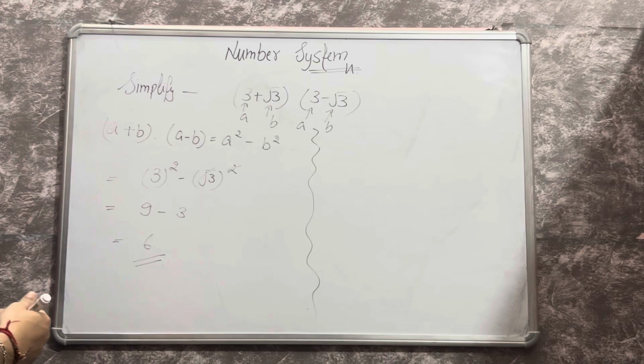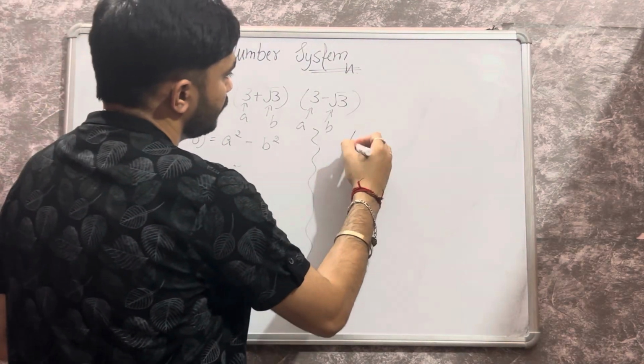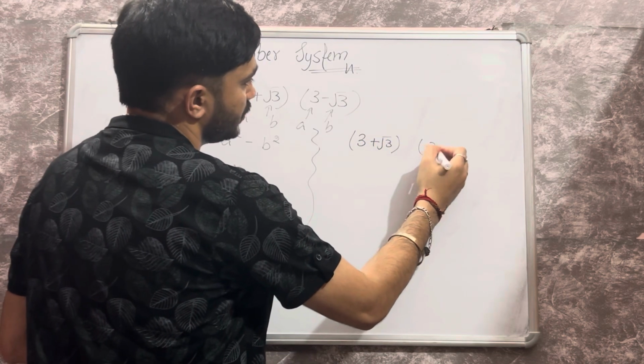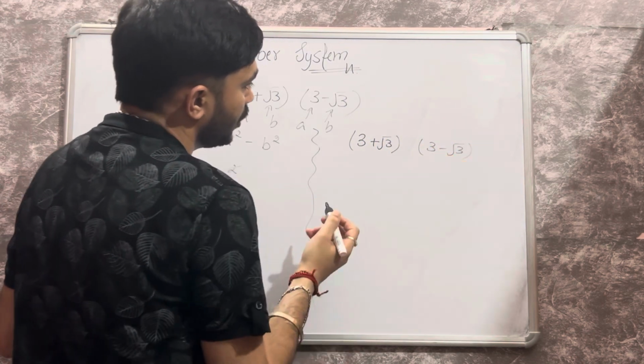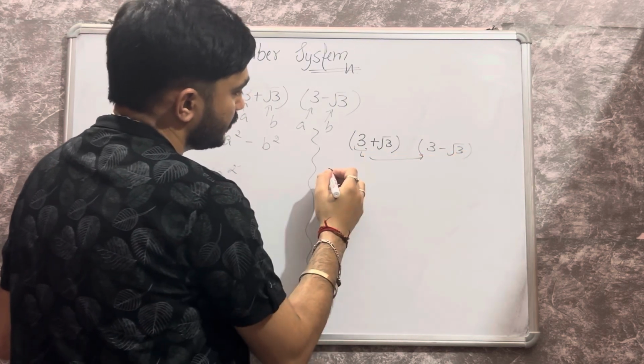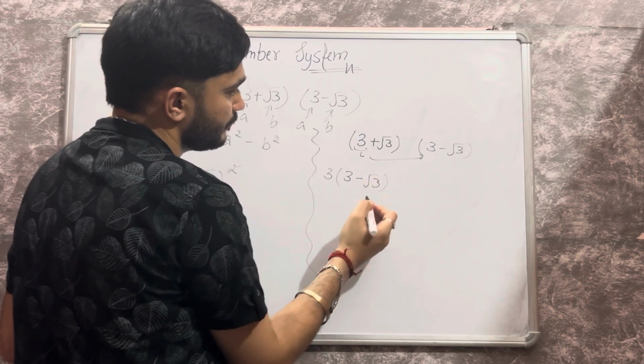Now let us move forward and solve this question with the previous method. 3 plus under root 3 into 3 minus under root 3. You are going to take the first term and multiply it with the second bracket, that is 3 into 3 minus under root 3.